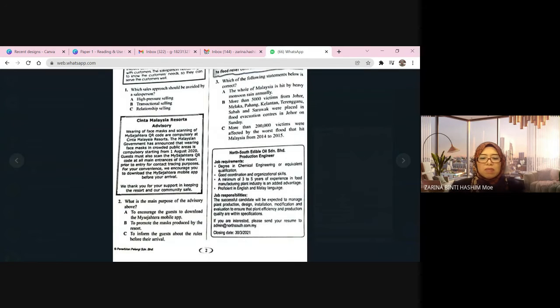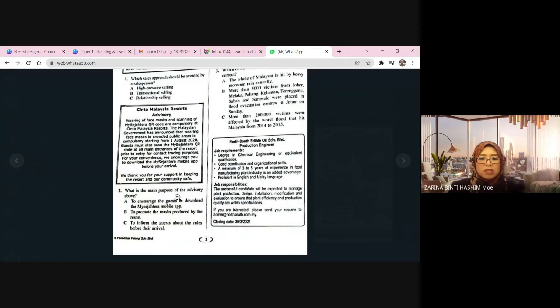Guests must also scan the MySejahtera QR code at all main entrances of the resort prior to entry for contact tracing purposes. For your convenience, we encourage you to download the MySejahtera mobile app before your arrival. We thank you for your support in keeping the resort and our community safe. It's about the new SOP, right? You have to wear face mask, you have to scan QR code.